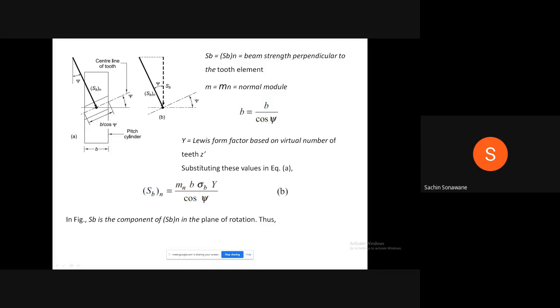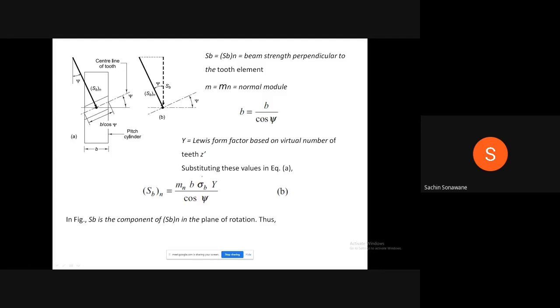We know that virtual number of teeth Z dash is equal to Z upon cos cube psi. That equation we have studied. Therefore, in case of helical gear, Lewis form factor is based on virtual number of teeth Z dash. While solving problems on helical gear, always remember whatever teeth they have given are actual teeth. We have to calculate virtual number of teeth by using the expression Z dash is equal to Z divided by cos cube psi.